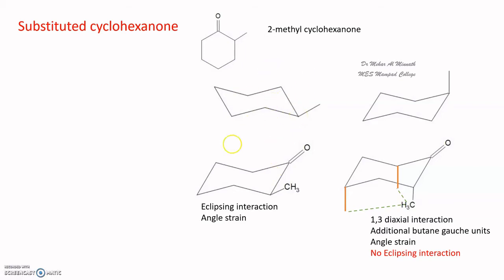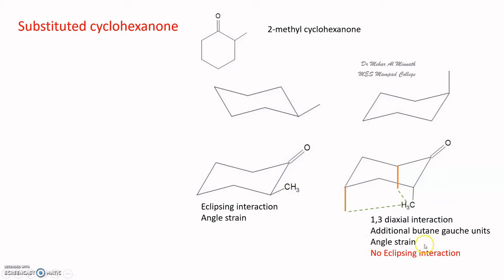When you compare the equatorial forms of cyclohexane and methyl cyclohexanone, 2-methyl cyclohexanone will have more energy because of the eclipsing interaction and angle strain. And when you compare the axial form also, it is the same thing because of the angle strain which is introduced.